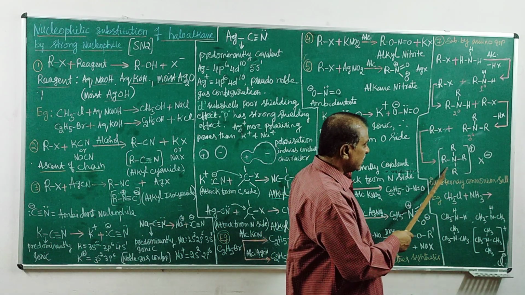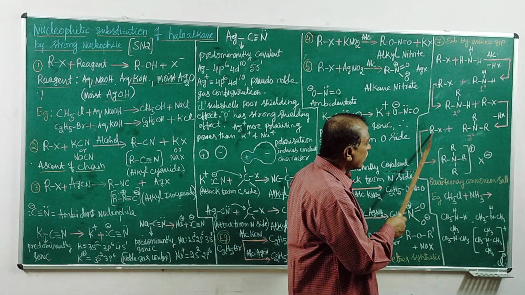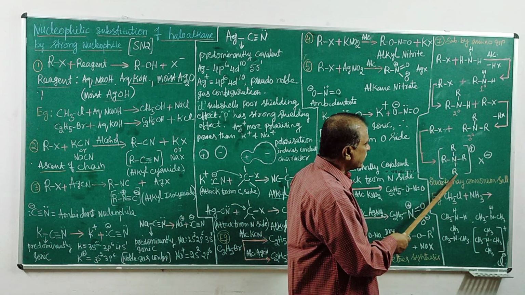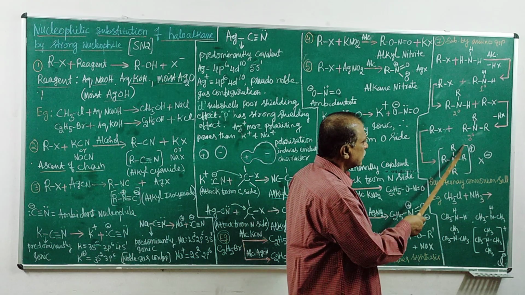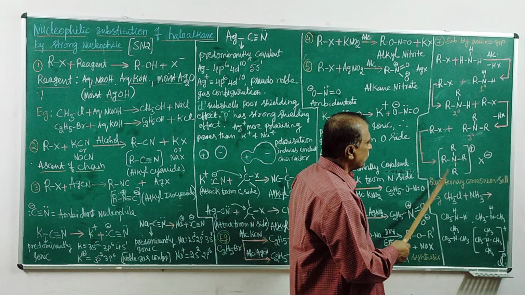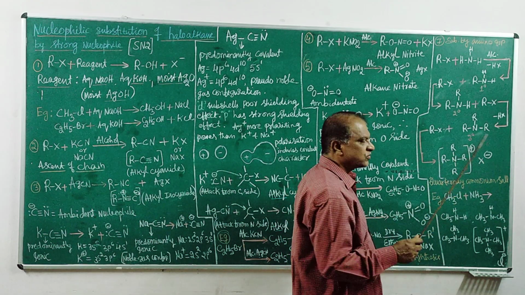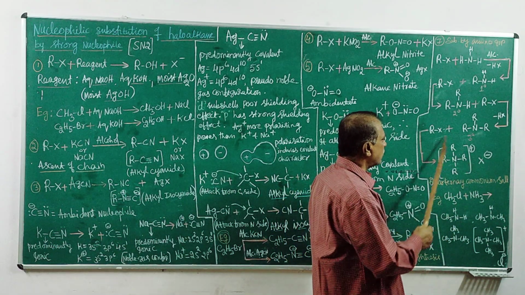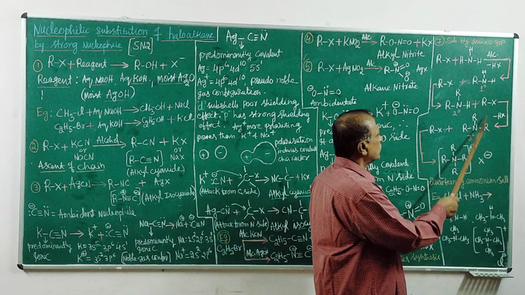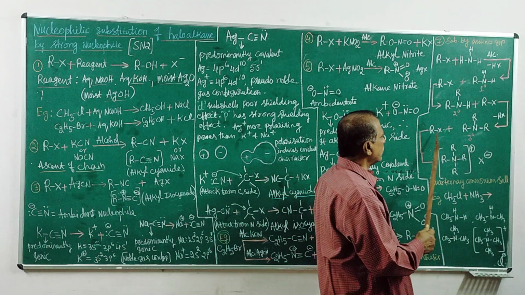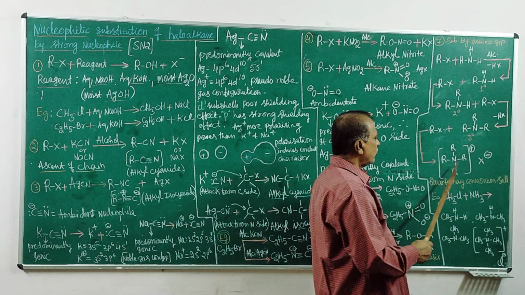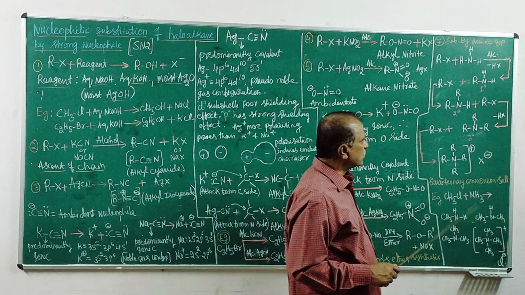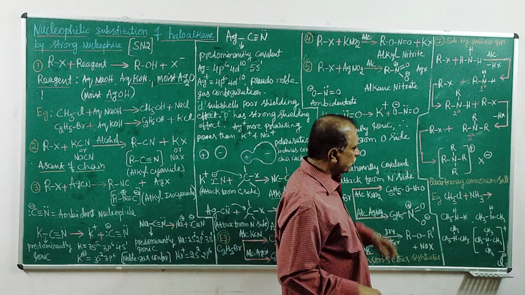But finally, this can also react with one more molecule, forming a compound like this, an ammonium salt with X minus, like NH4Cl. Like this, a quaternary ammonium salt forms. So the tertiary amine can react with one more molecule of halide, forming a salt. These are the reactions with ammonia.